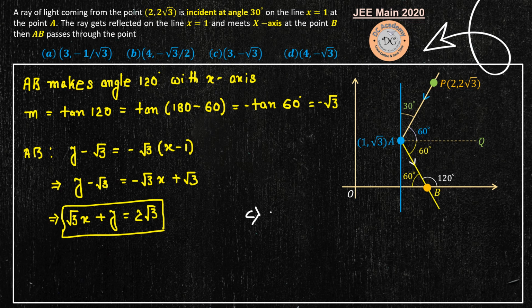Here, if we take 3 root 3 minus root 3, it directly gives you 2 root 3. So for this particular problem, option C is the correct answer. We don't check option D because only one option is correct and it's a JEE Main problem. So we found the solution pictorially.